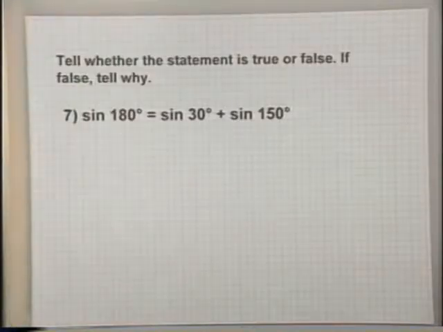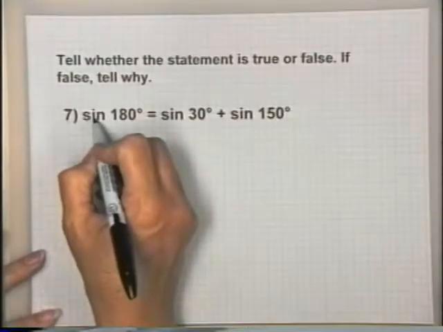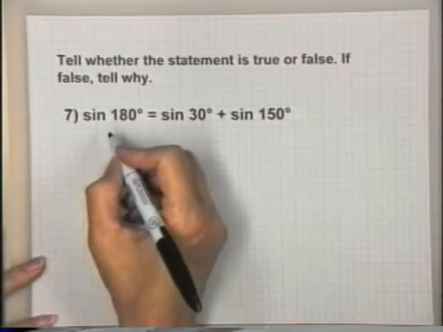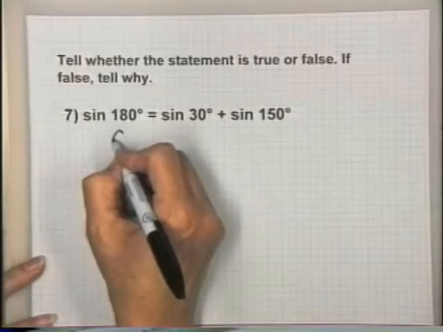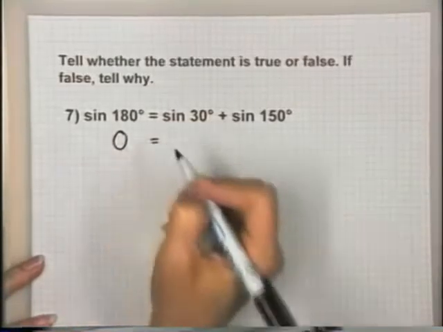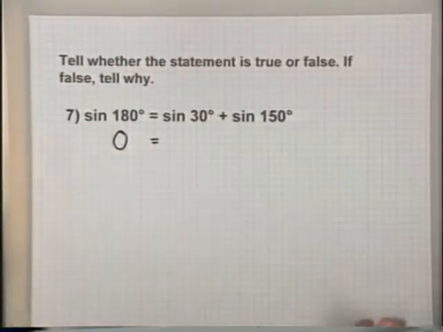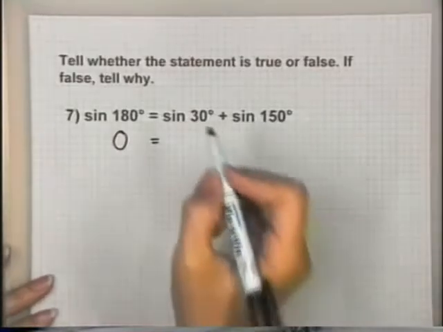It says, tell whether the statement is true or false. If false, tell why. Well, what I do is I just work it out, and in showing my work, I figure that tells why. I'm supposed to know that the sine of 180 degrees is 0. So I'll put a 0 on the left side, and then I'll figure out if the right side equals 0.